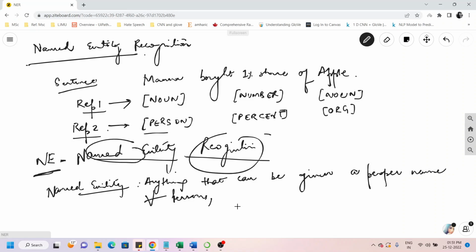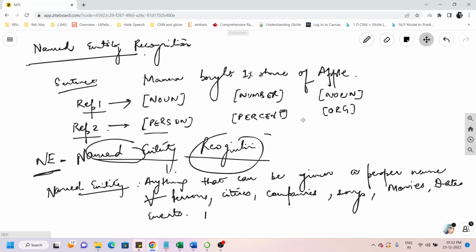So any persons, cities, companies, songs, movies, dates and events, all of these represent a named entity. Are you clear with this? What is a named entity?